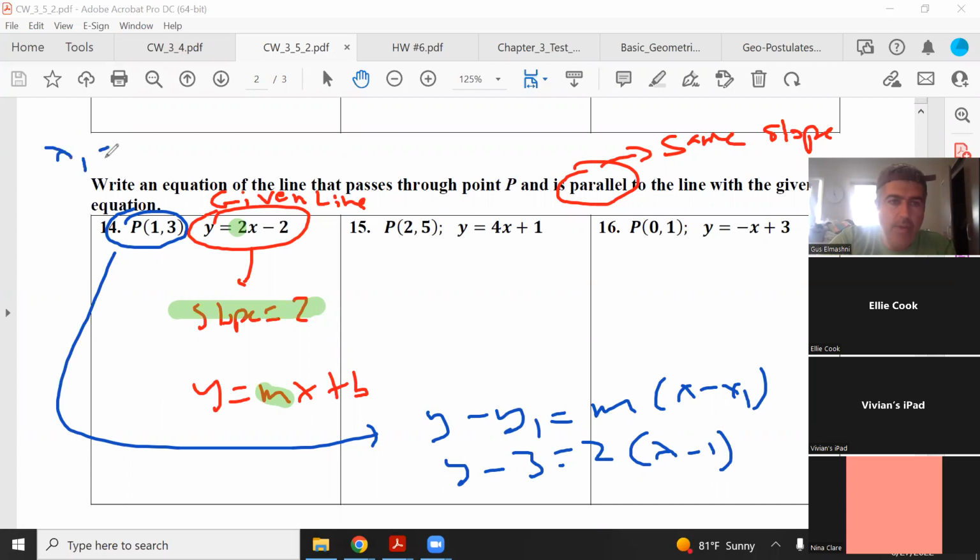So y minus 3 equals 2(x minus 1), and y equals 2x plus 1. I'm guessing you guys probably did this in Algebra 1. I'm hoping you did last year. So that's number 14.